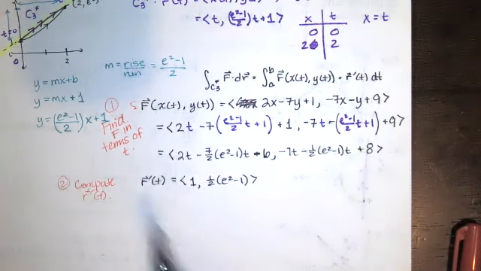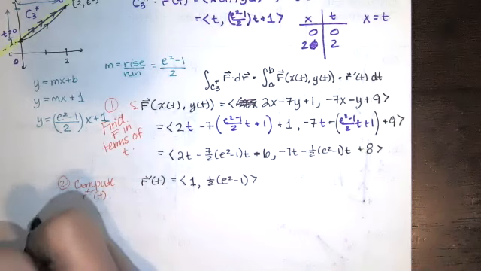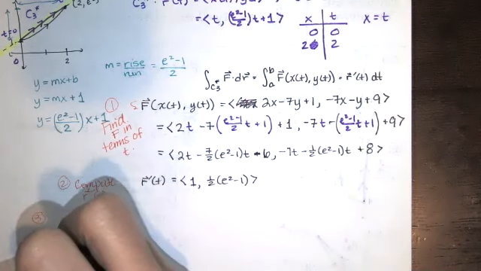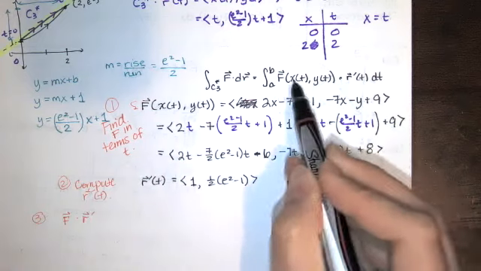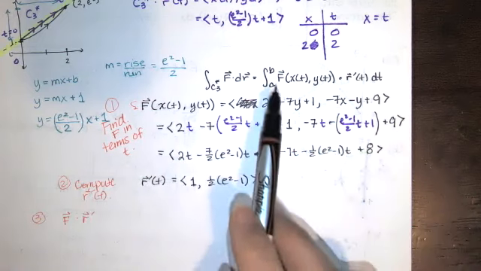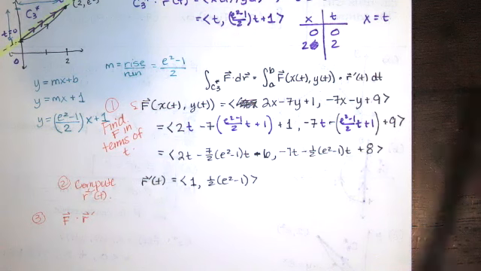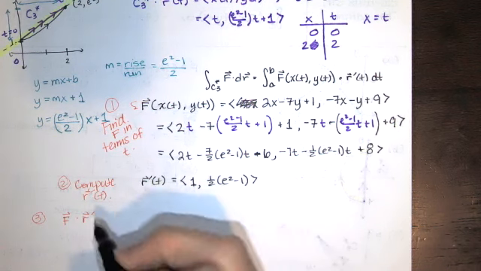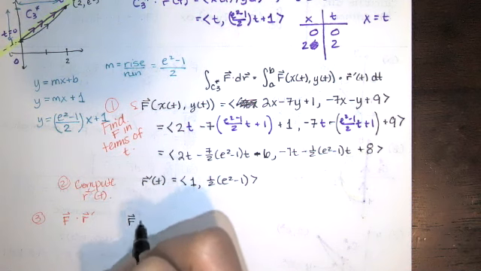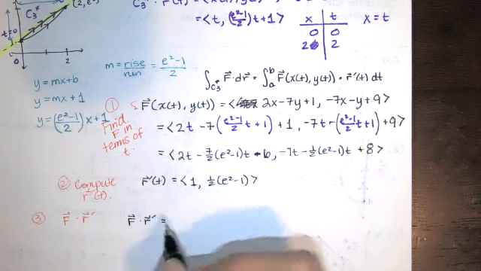So I've got my f and my r prime. Now I want to compute f dotted with r prime for that right here, that right there. And then we will evaluate the integral from a to b. So if I'm taking this and I'm dotting it with r prime, this looks much worse than it is.